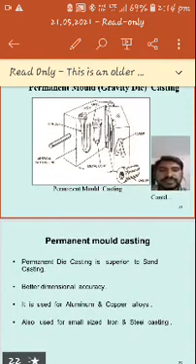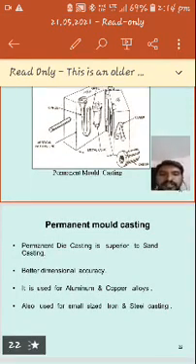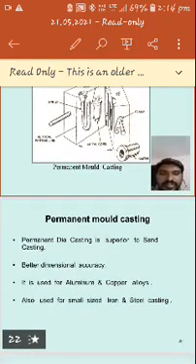Permanent die casting is superior to sand casting. We can get better dimensional accuracy. It is generally used for aluminum and copper alloys.